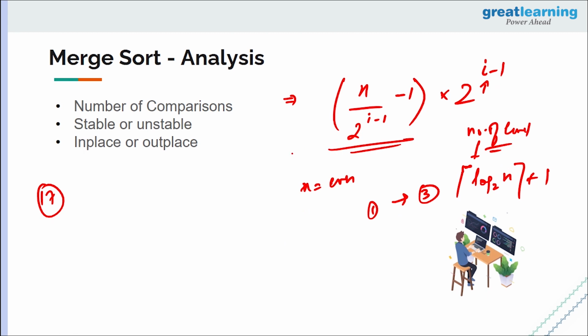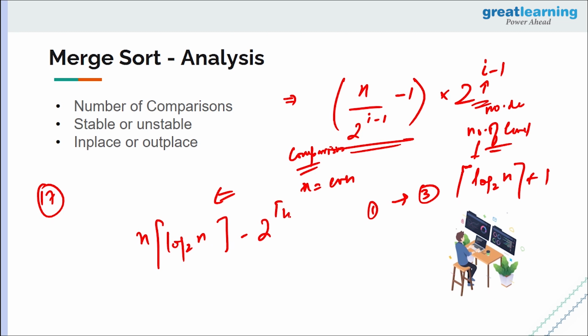What about this? This is nothing but your comparisons, how many comparisons you are taking, and this is nothing but your nodes. So if we try to evaluate this, it turns out to be n times the ceil value of log n to the base 2, minus 2 raised to power ceil of log n to the base 2, plus 1. Now we need to find out if this equation holds for 17. In this case, n was 8, and the ceil value of log 8 to the base 2 is nothing but 3.